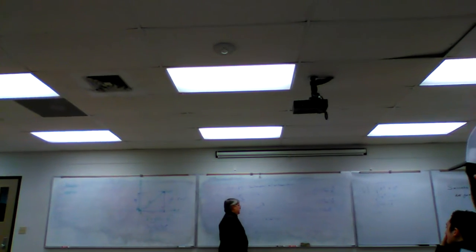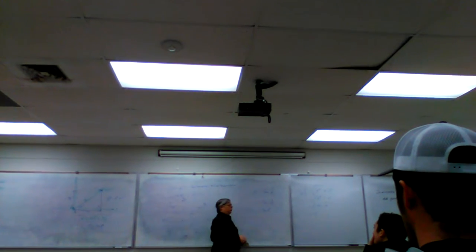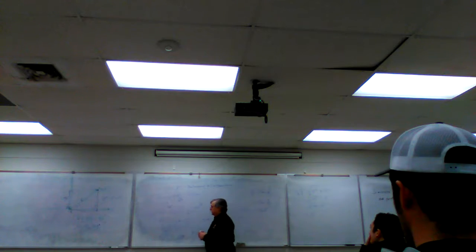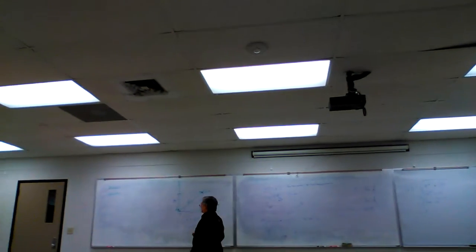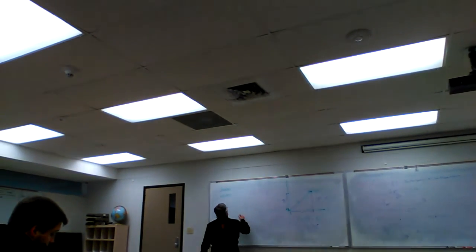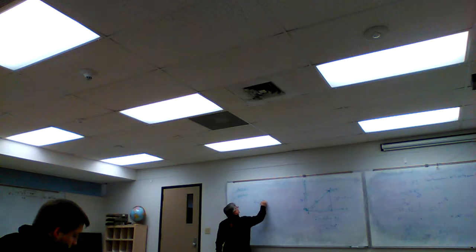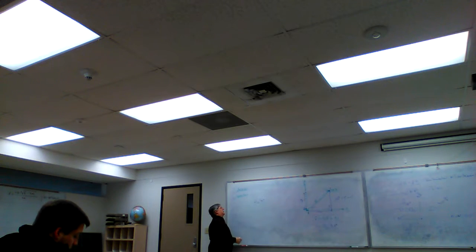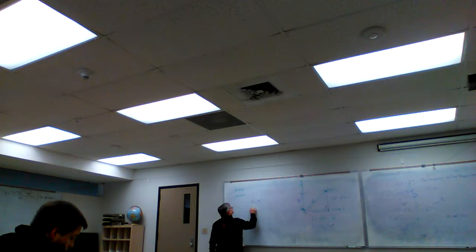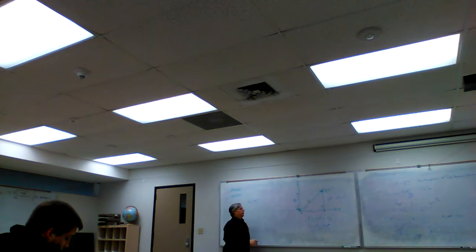What if you wanted to add, let's say we've got one vector of 20 at an angle of 30 degrees, and another vector of, you know what? I am going to be smart.